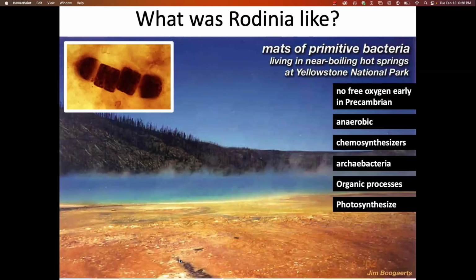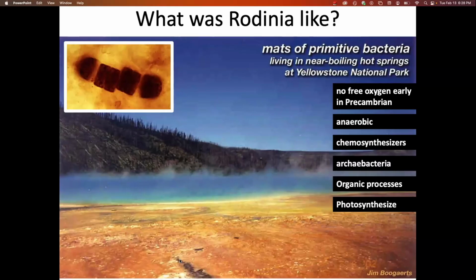So almost everything at this time period are chemosynthesizers. They are not using oxygen for their metabolic pathways. They're using other alternatives to oxygen. And mostly a lot of organic processes are taking place. And again, not much in the way of photosynthesis at this period.